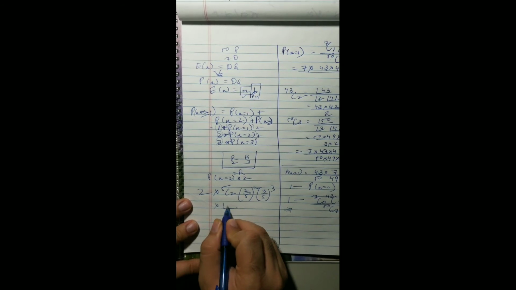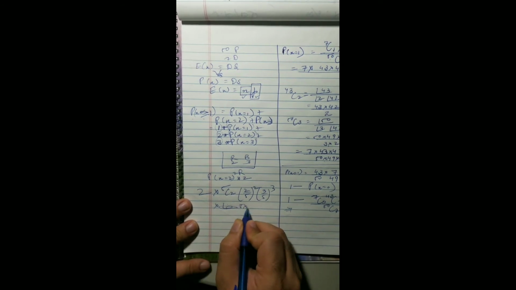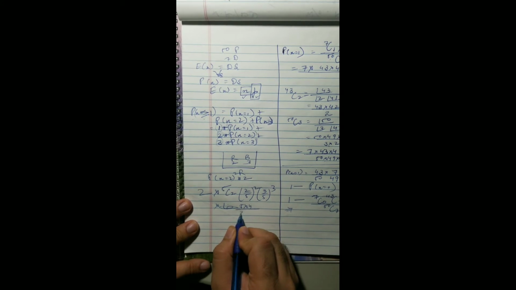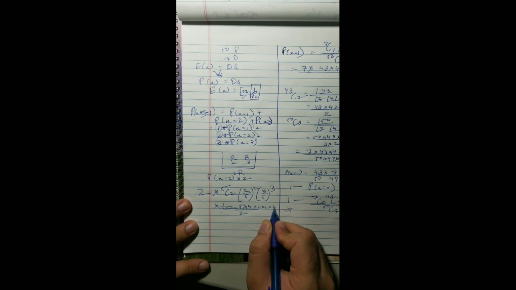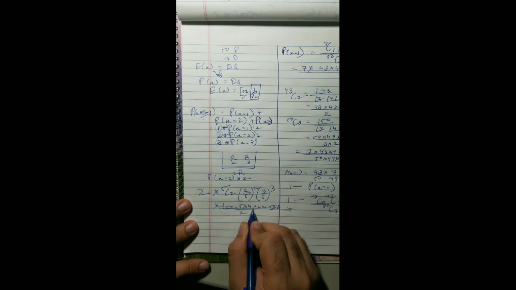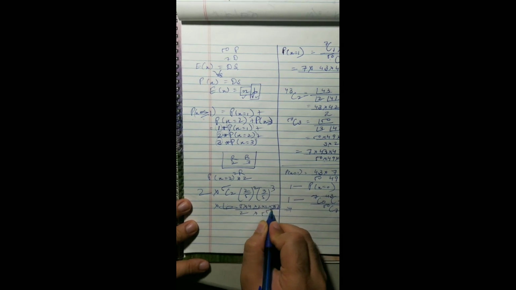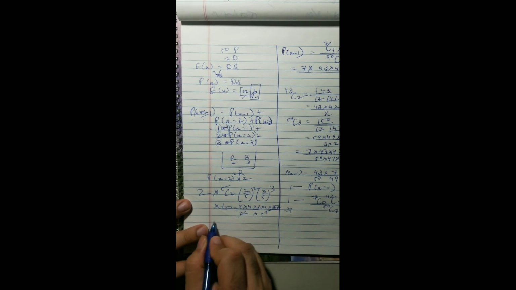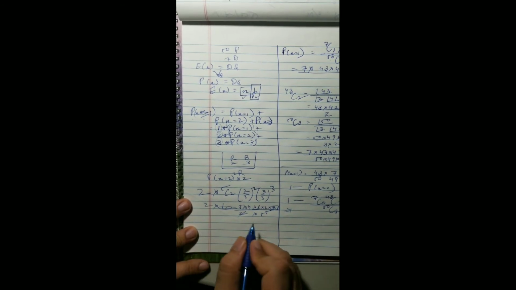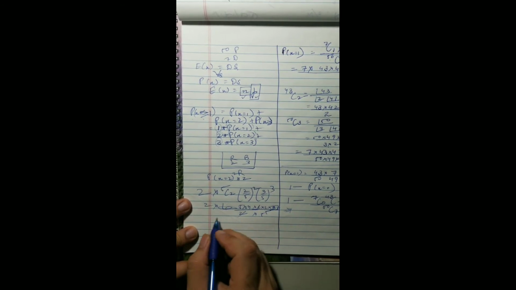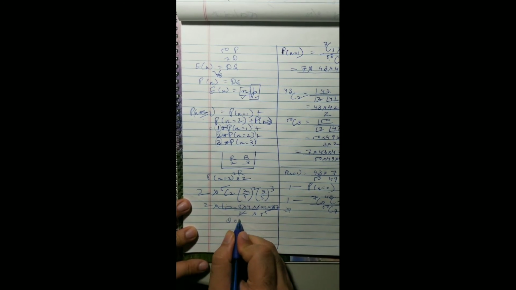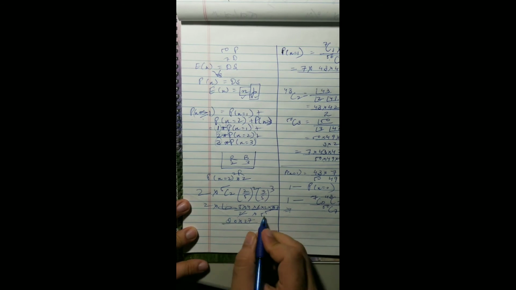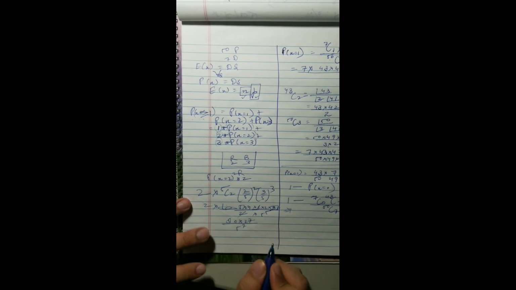It will be 5 into 4 over 2, into 2 into 2 into 3, 3 is 9, 3 is 27, over 5 to the power 5. So it becomes 5, 4, 20, 40, 80. 80 into 27 over 5 raised to the power 5.